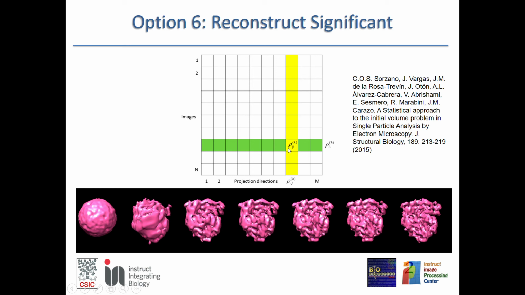So you can make a reconstruction with all the projections, or with the top, let's say, 5% most significant projection directions, and that would be one of the ingredients. The other ingredient is that this projection direction has seen all the experimental images compared to it, so it can also vote.